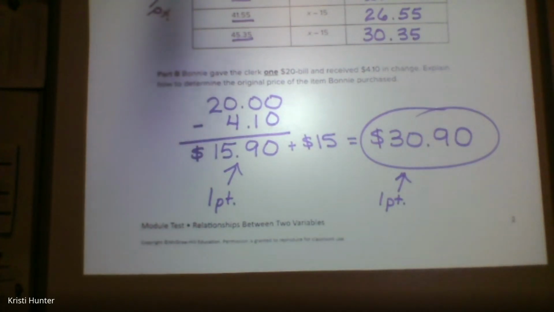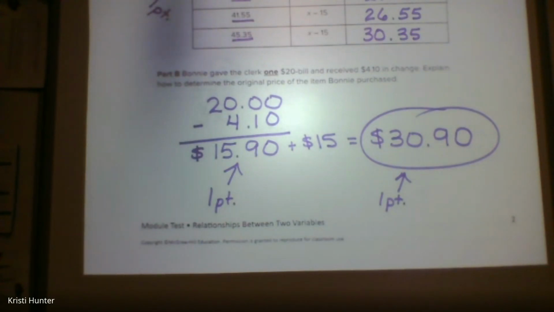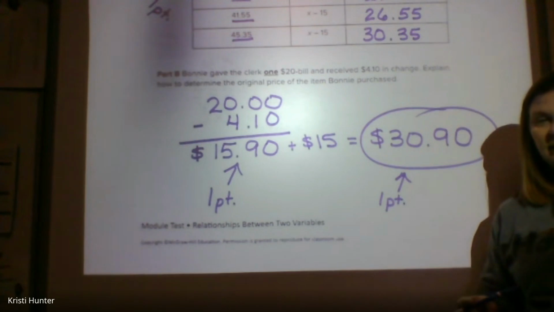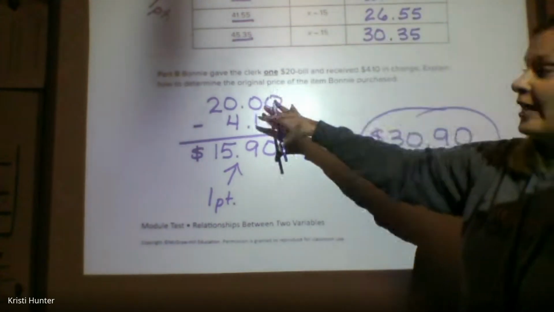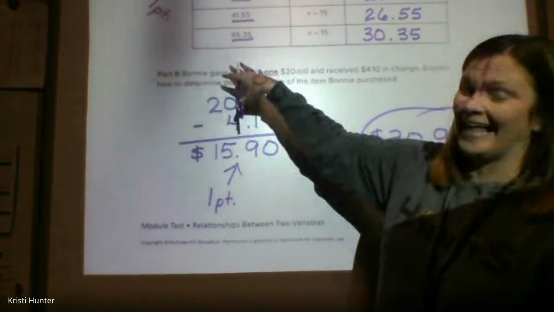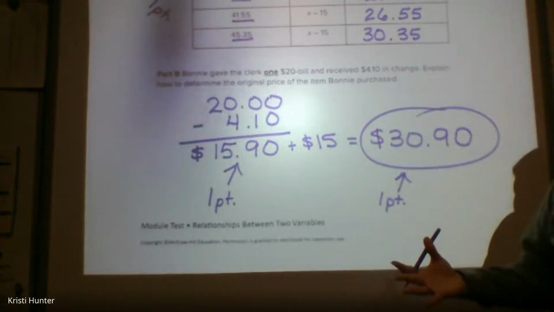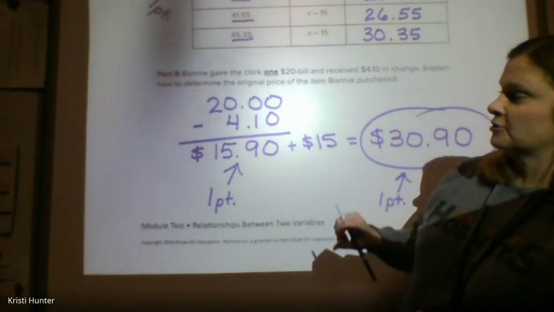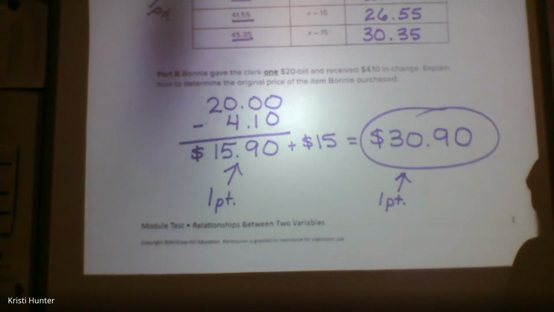Okay, so if you forgot that, you would still get 2 of your 3 points if you forgot to add back on your $15. So, but that one is a 3-point question, because it has 3 different parts you have to do. The table, fill out what did she get for change, or what did she pay after she got her $4.10 in change, and then add her coupon back to that.